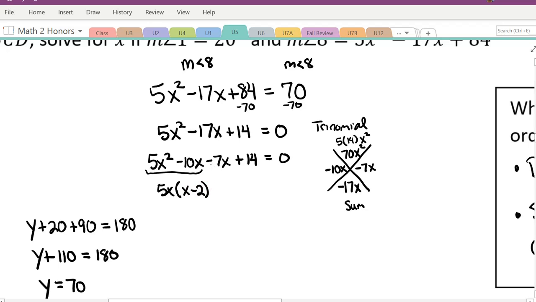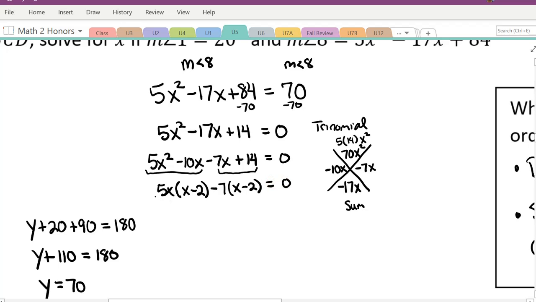Then the sign in front of the third term is a minus sign, so I put a minus sign there, and I look at the 7x and 14. The GCF is 7, so I'm factoring out a negative 7, or dividing each of those by negative 7, and I get a positive x minus 2 again.